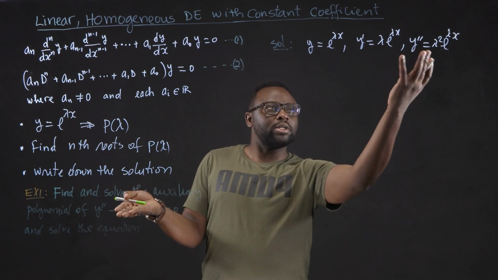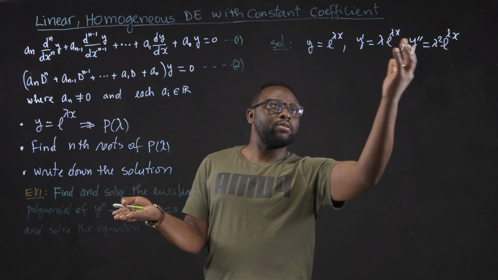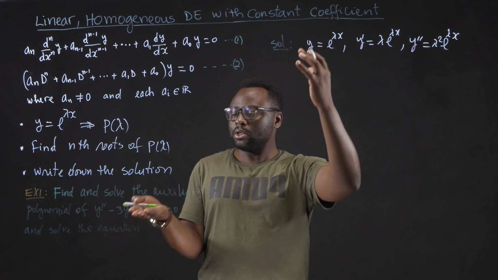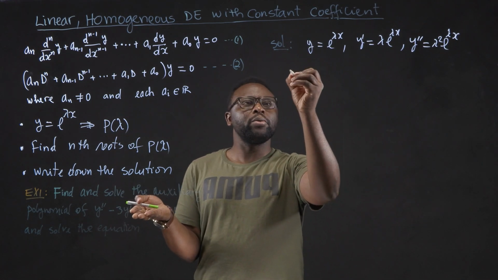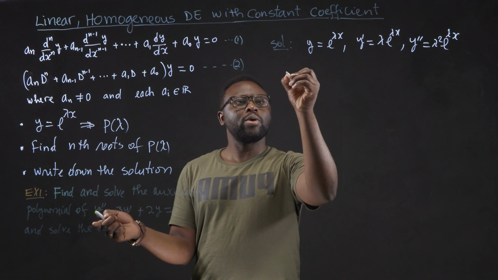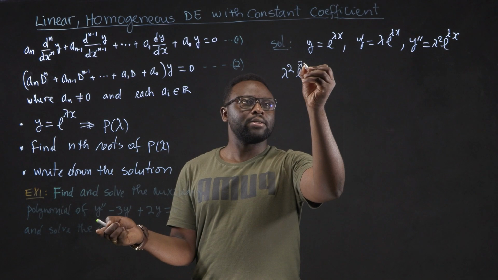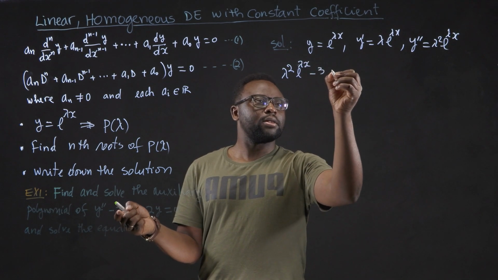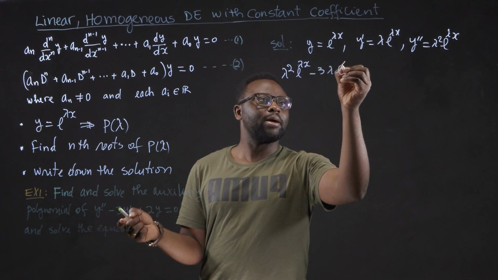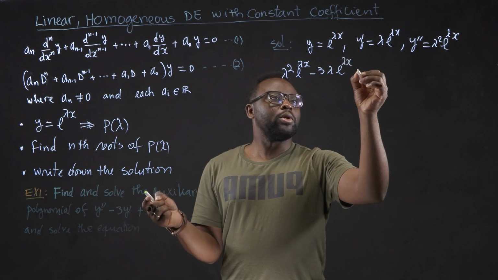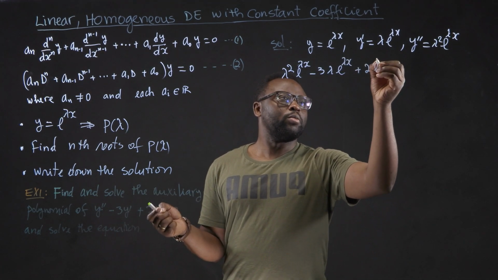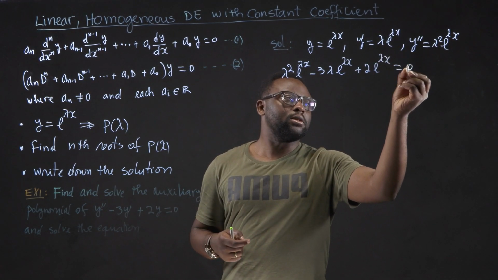If we substitute this second derivative, first derivative, and this value into this equation, what do we obtain? We have lambda squared times e to the power lambda x minus 3 times lambda times e to the power lambda x plus 2 e to the power lambda x is equal to 0.